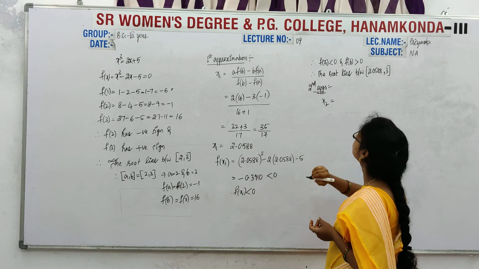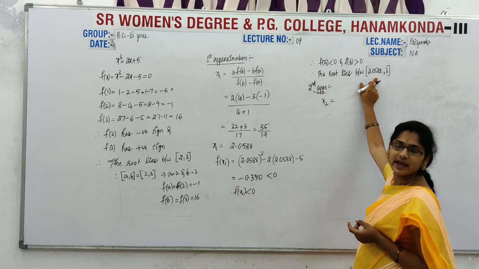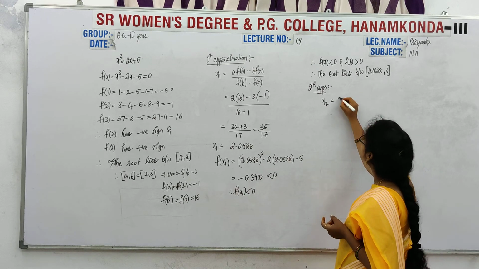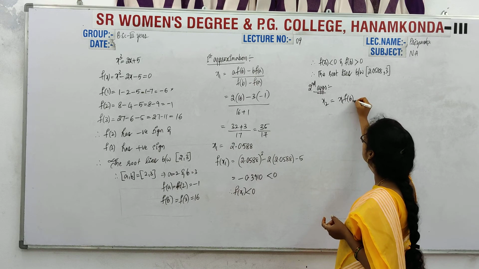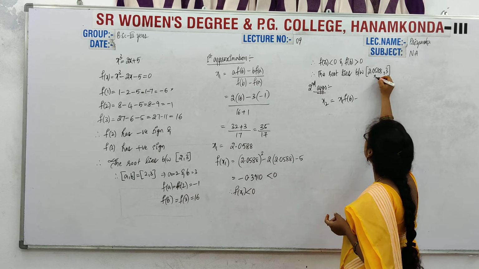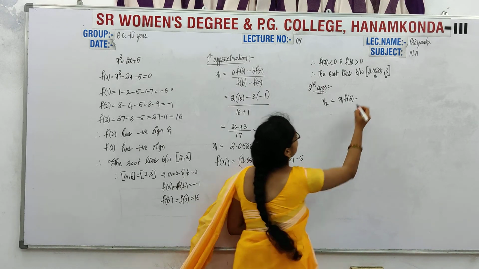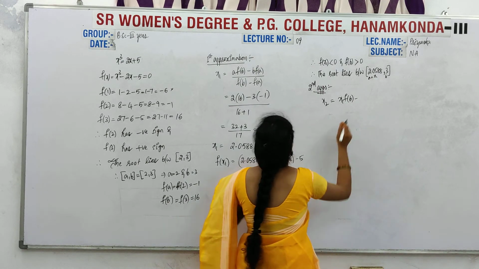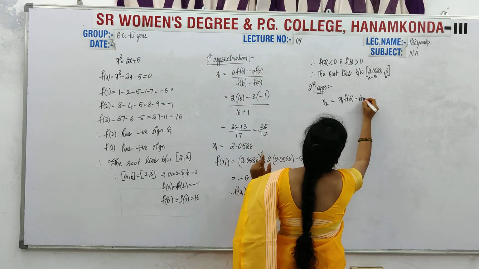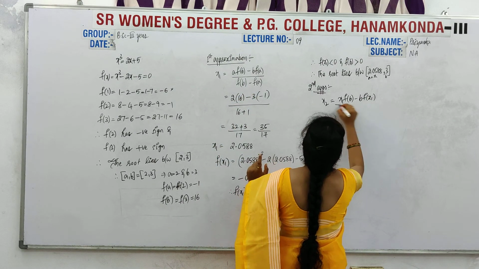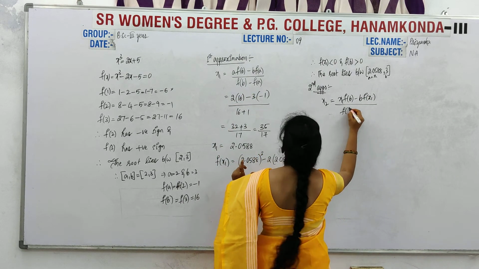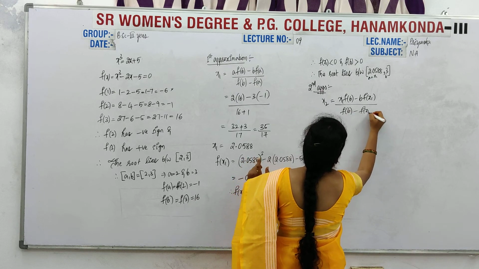x2 equal to, now here in the place of a we have x1. So x1 into f of b minus b into f of x1, with b as it is, by f of b minus f of x1.